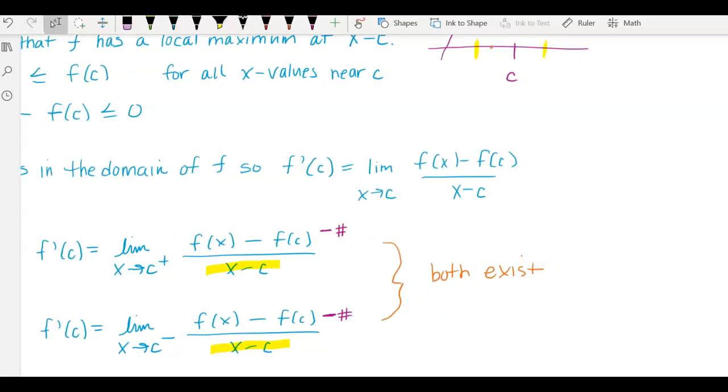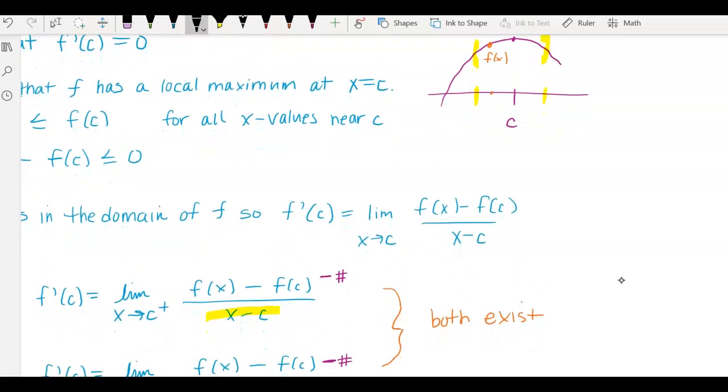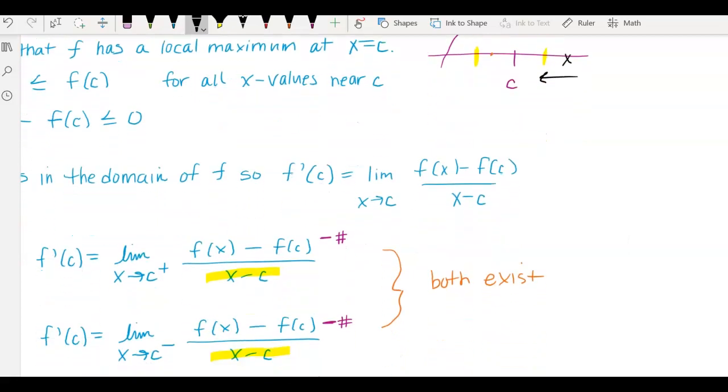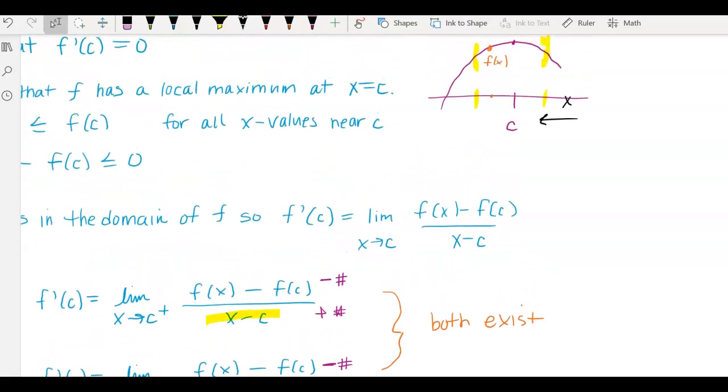For the one on top, looking at our picture up here, x is approaching c from the positive side. So we're talking about an x value being over here. So x minus c is going to be a positive number. Looking at the one down below, we're approaching from the left-hand side. So x is going to be here, approaching this direction.